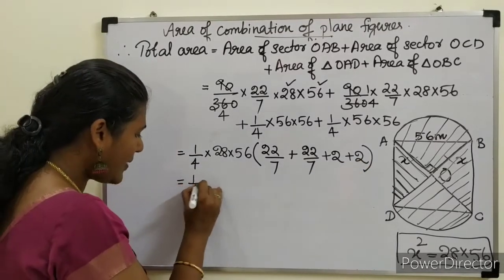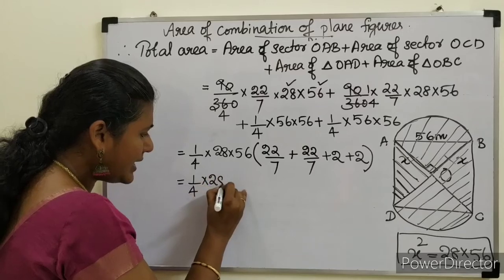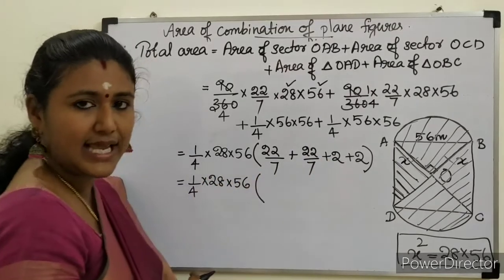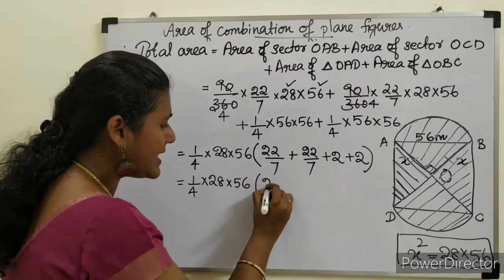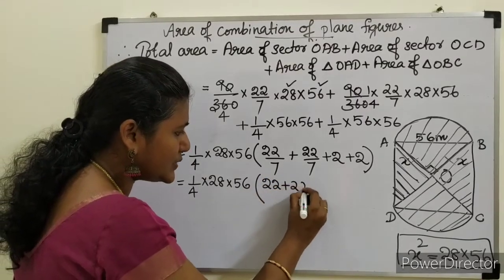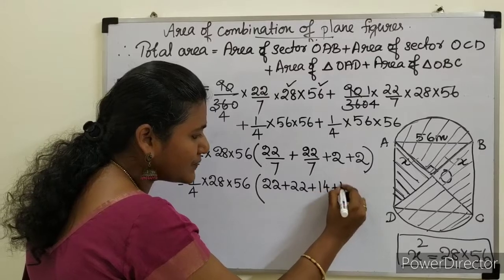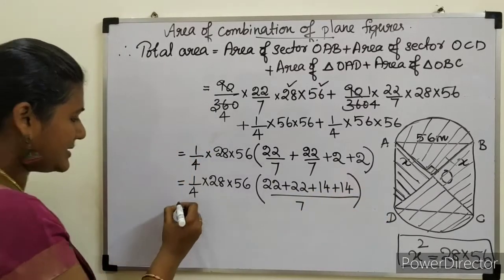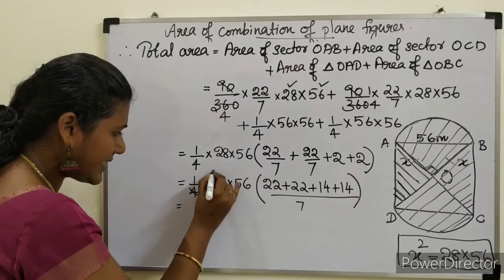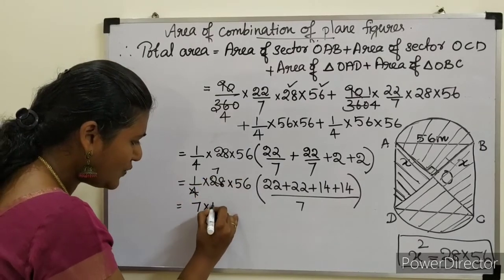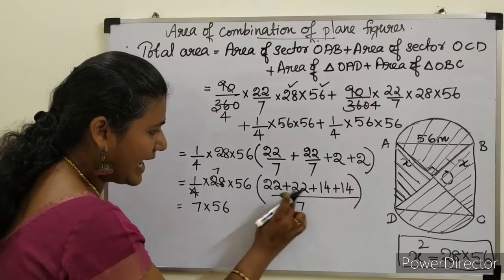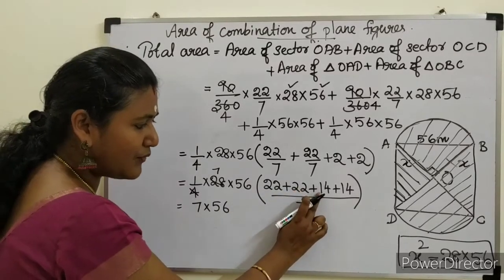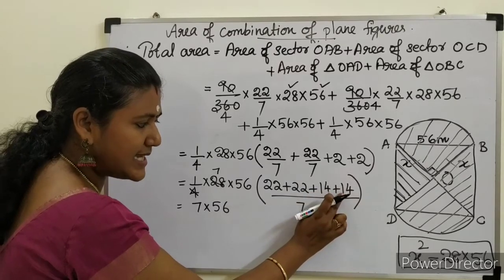Now 1 by 4 into 28 into 56. Here we will simplify by taking the LCM. 7 is the LCM, so 22 plus 22 plus 14 plus 14 divided by 7. Now we will simplify this. Here we can cancel 7 times. So 7 into 56, and here we add 22 plus 22, 44, 54, 58, 68, 72.